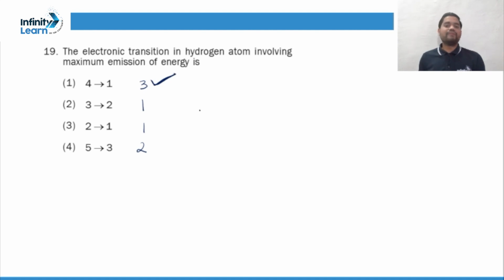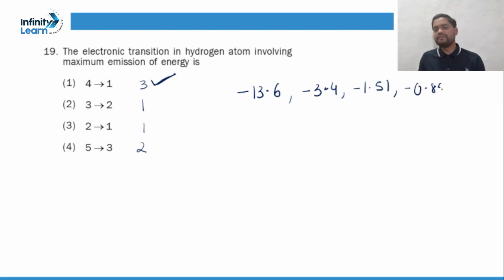Because we know that energy for the first orbit is minus 13.6 electron volt per atom. Then the second one is minus 3.4, right? Then minus 1.51, then minus 0.85, and then minus 0.5 something.